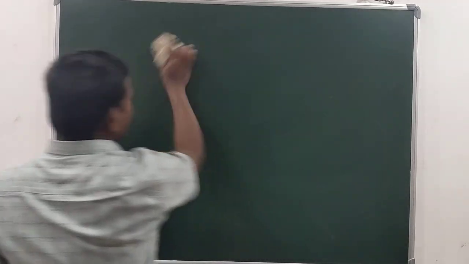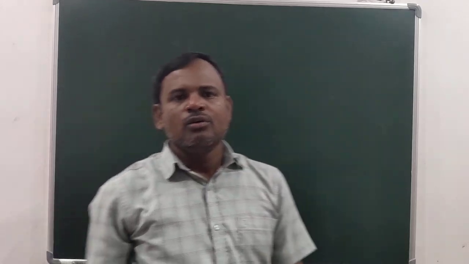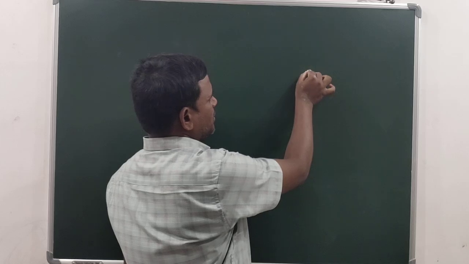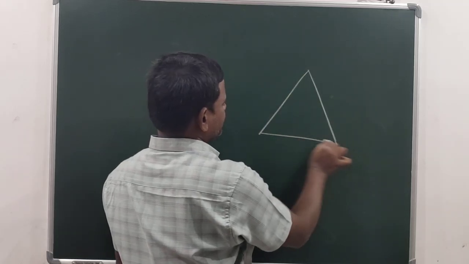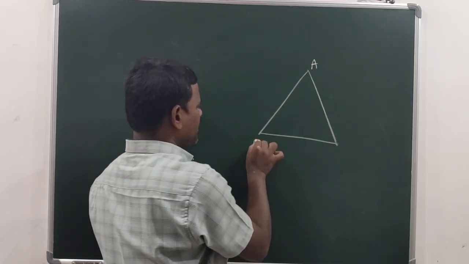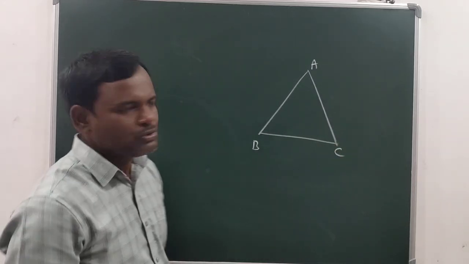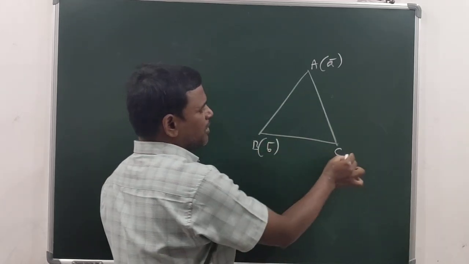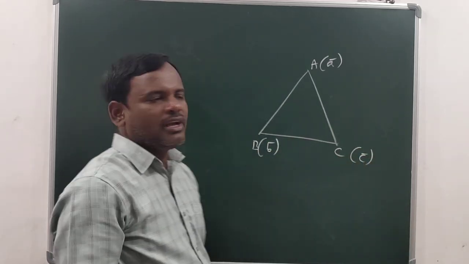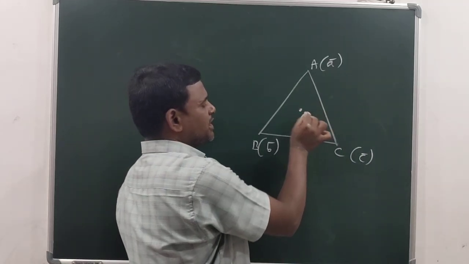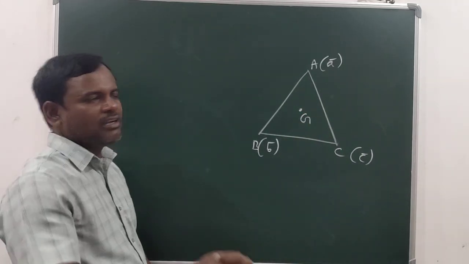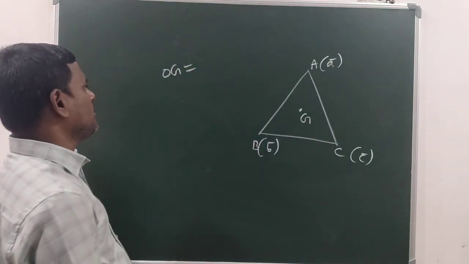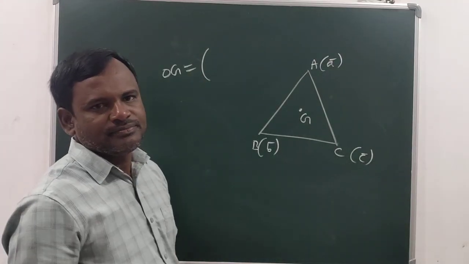Next, find the centroid of a triangle whose position vectors of vertices are given. See, A, B, C, whose position vectors are given as A bar, B bar, C bar, and they are asking us to find the centroid. Same like 2D, in 3D also you learnt.